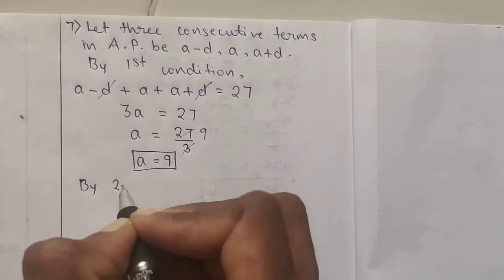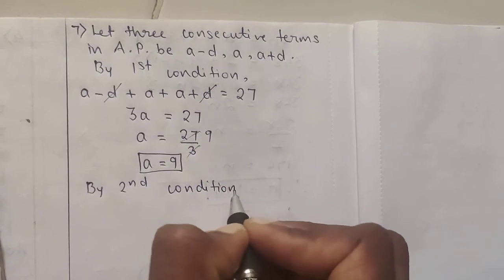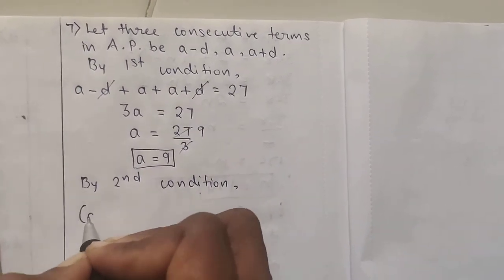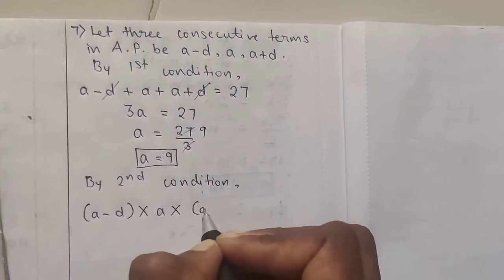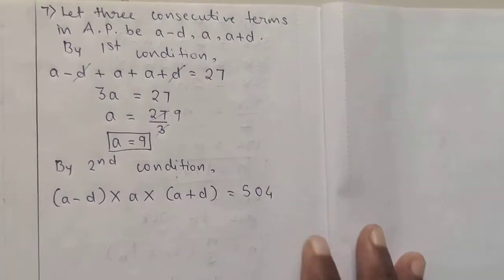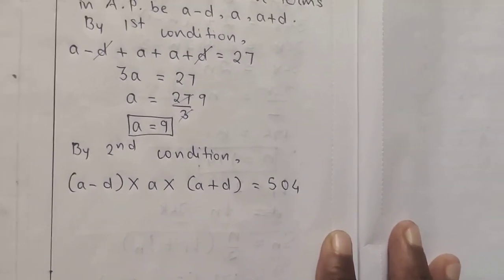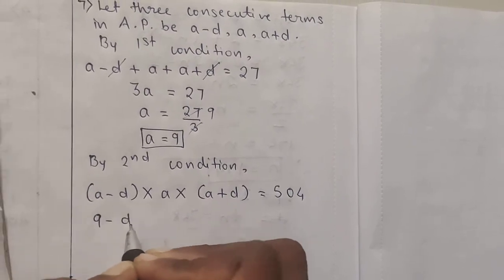Now let us use second condition. By second condition, multiplication of all these 3 terms, that is product of all these 3 is given to us 504. Okay, now in this we know the value of a, so we can replace the value of a.